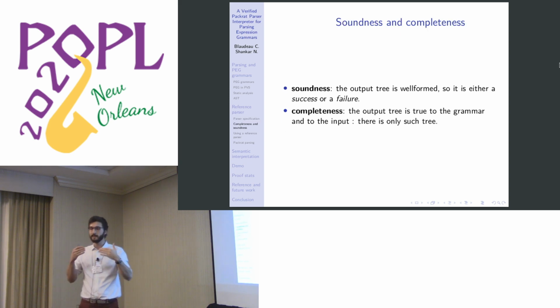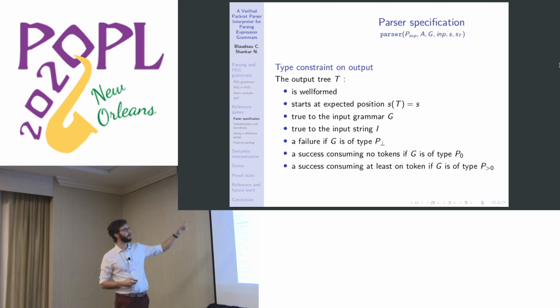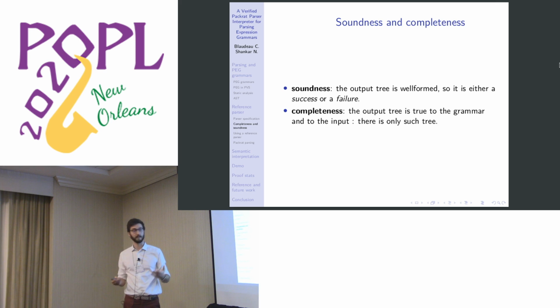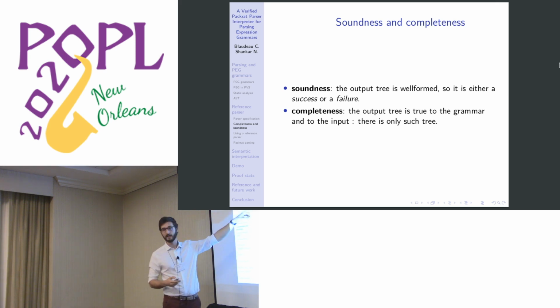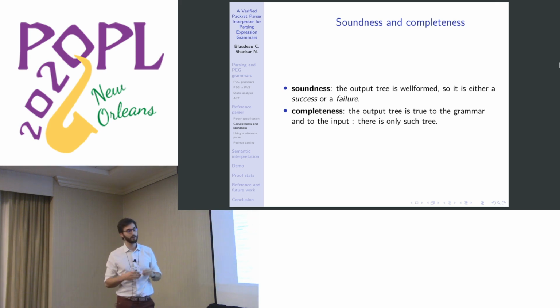But you get to the main two results that are interesting when you're trying to build a parser: the soundness and completeness results. The output tree, as we saw, is well-formed. And a well-formed tree always has a meaning, so it's always a success or a failure. So your parser is always producing a sound tree. And you have this completeness result.